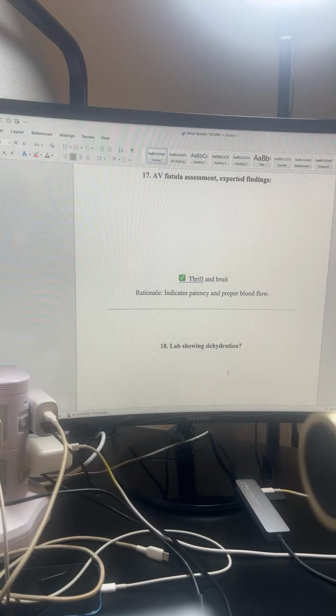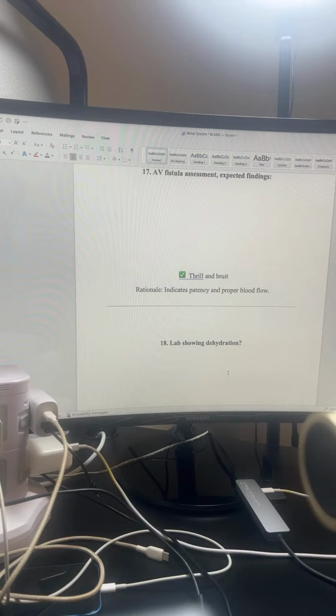What lab will show that a patient is dehydrated? So if you're going through your lab work, what are some of the lab findings that would indicate that your patient is dehydrated? BUN, sodium, hematocrit. Also, yes.